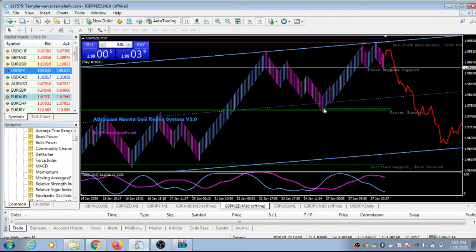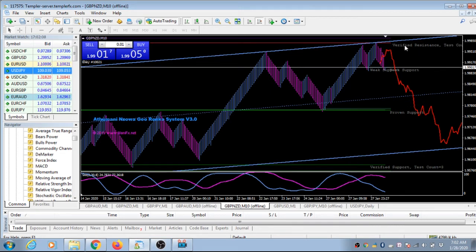Okay, starting with support and resistance, we have these lines. You can see there's a red line, a purple line, and a green line. In fact, these are points we call resistance and support.